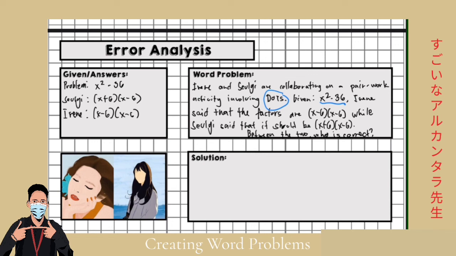So, let's say we have x squared minus 36. We can say that this is a difference of two squares. And we should go back to the pattern. Basically, that's the answer here.